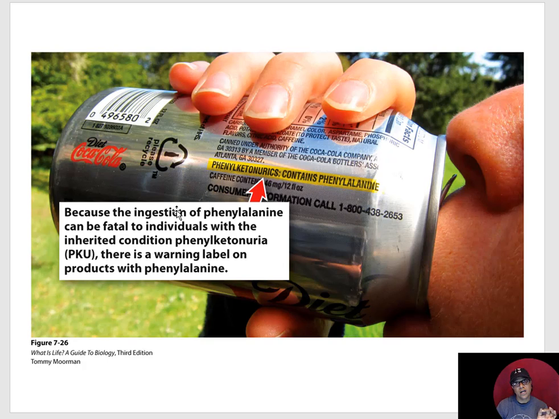And that is on every can of soda that may contain phenylalanine, because the ingestion of phenylalanine can be fatal to individuals with the inherited condition phenylketonuria, PKU. There is a warning label on products that have phenylalanine in them in order to protect individuals that have this genetic predisposition.